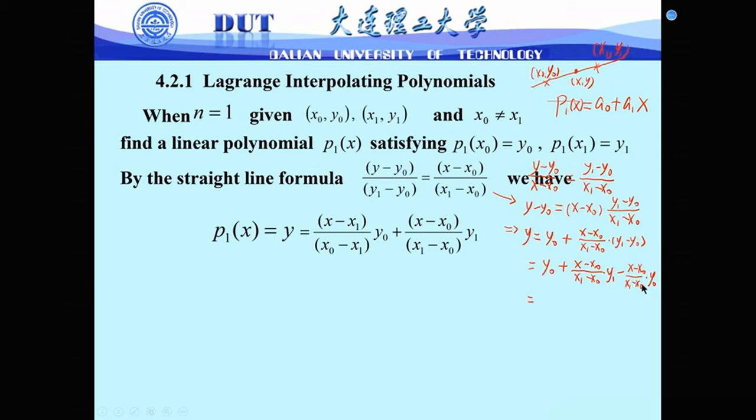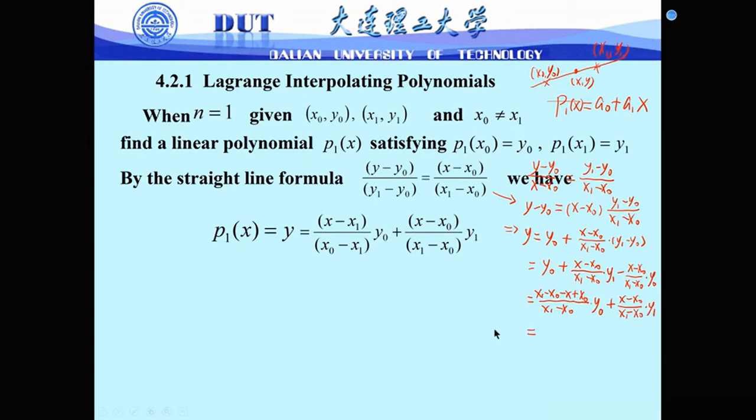That means 1 minus (x minus x0) divided by (x1 minus x0), where the numerator of 1 is also x1 minus x0, minus x plus x0, multiplied by y0, plus the next term (x minus x0) divided by (x1 minus x0) multiplied by y1.